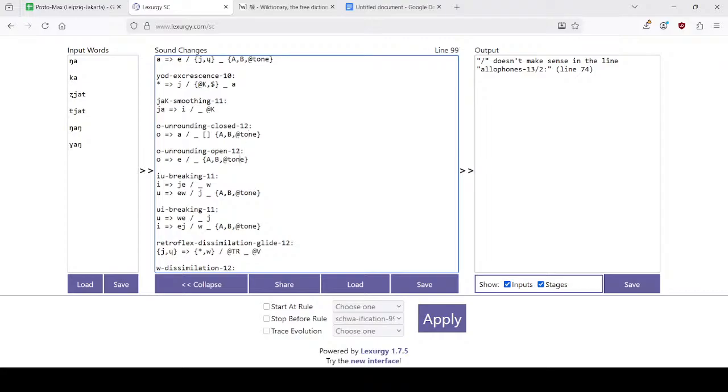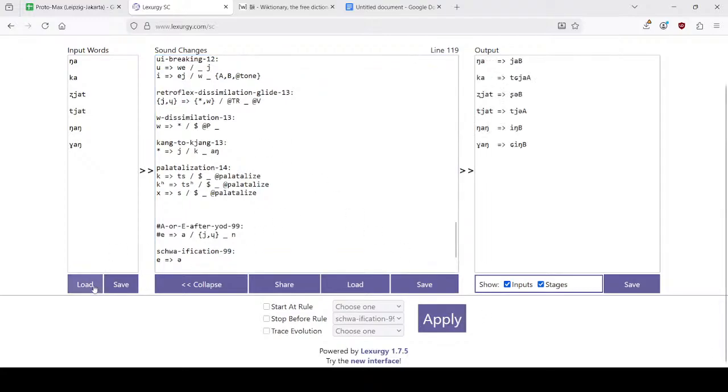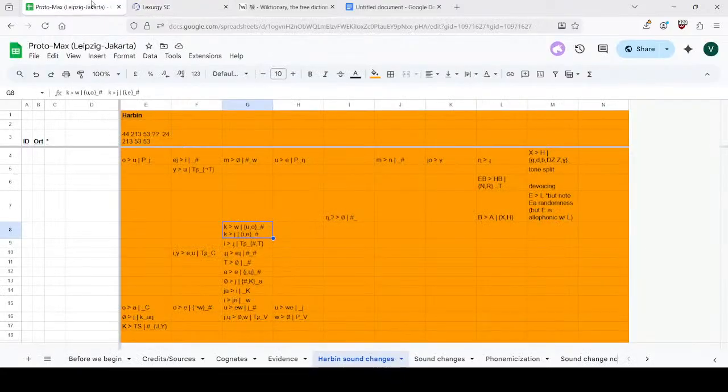This would have to be 12 again. 12, 12, 13, 13, etc. Then 13, and then this is 14. Okay, this should work. This should be fine if we load everything, but this I don't think works.